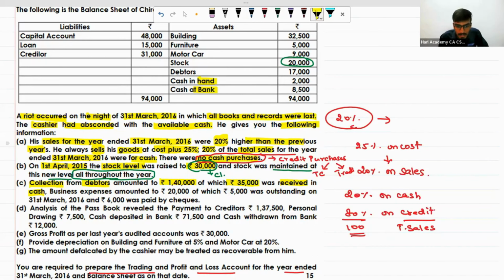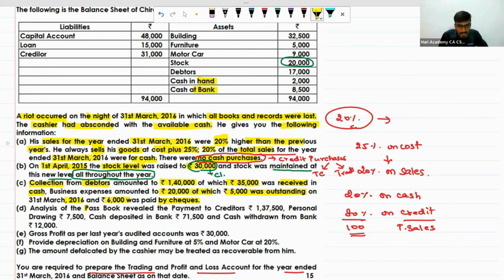The business expense amounts to 20,000, of which 5,000 was outstanding on 31st March, and 6,000 was paid by cheque. We need to give an effect on cheque. Why do they specifically use the words cash, bank, cheque? They are using them intentionally. We need to prepare the cash and bank account using a cash book, with two columns, cash account and bank account.